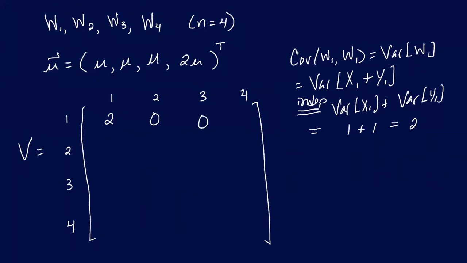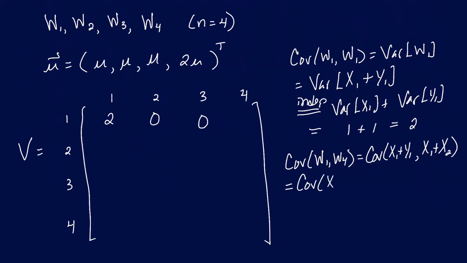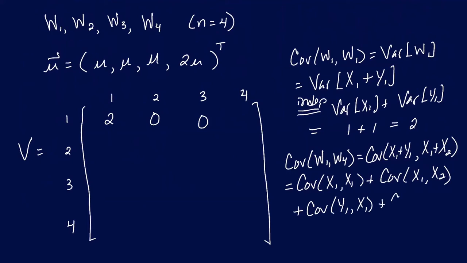So this last entry is going to be a little different. Let's look at the covariance between W1 and W4. This is the covariance between x1 plus y1 and x1 plus x2. And for a covariance involving sums like this, you can distribute, kind of like FOIL this out. You get the covariance of x1 with x1, plus the covariance of x1 with x2, plus the covariance of y1 and x1, plus the covariance of y1 and x2.